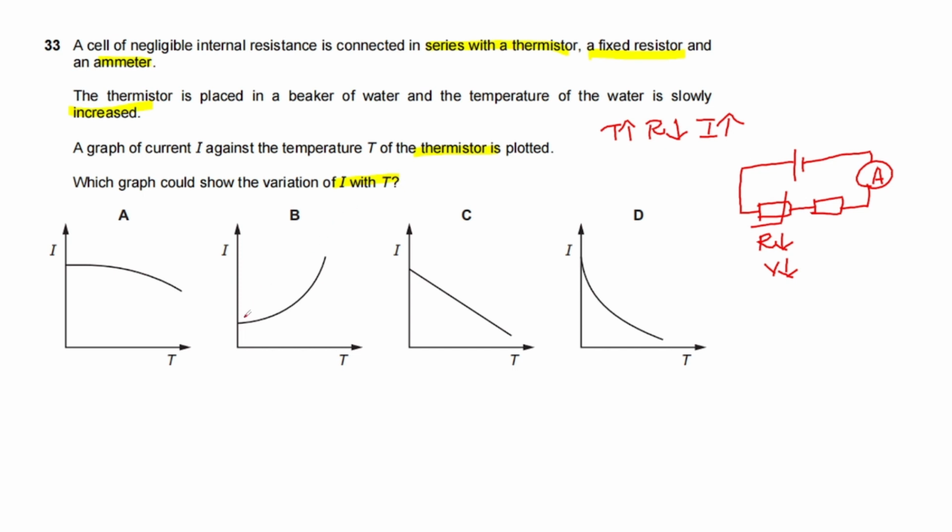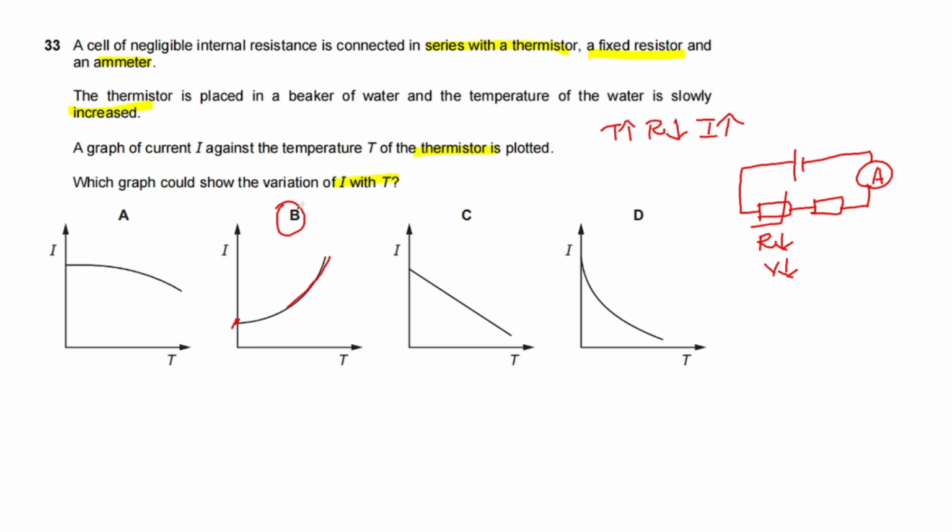Previously it had a particular value of current, and as the temperature increases, the resistance of the thermistor decreases. So the resistance of the whole circuit decreases and the current value increases. According to this, only option B shows the correct variation.